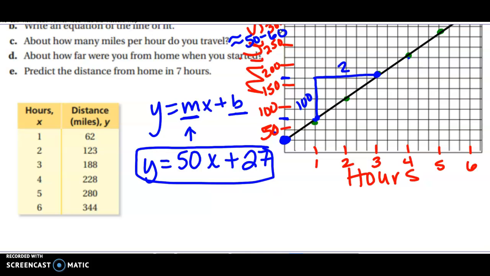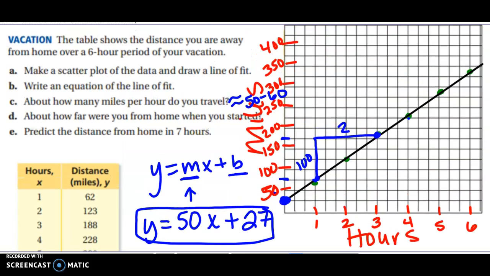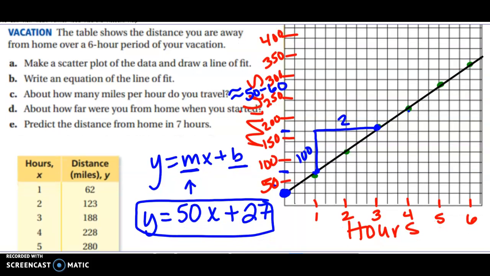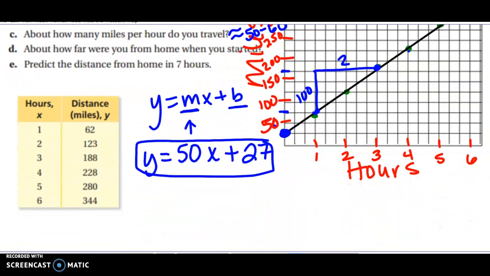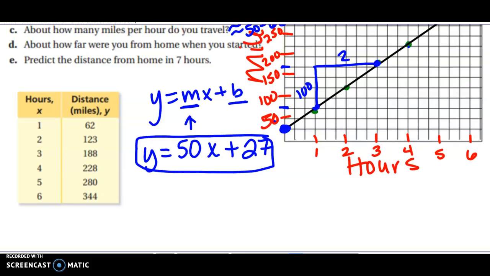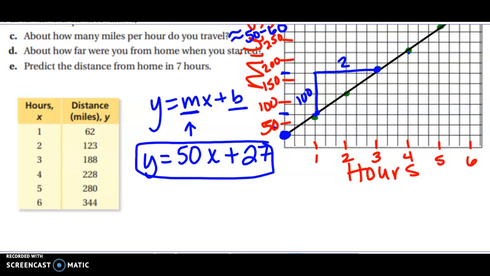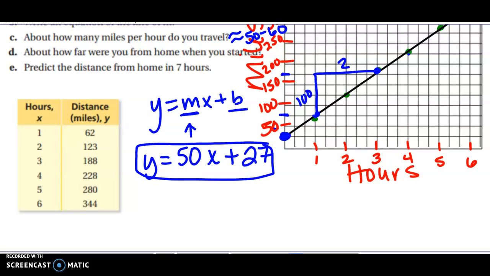Okay, so when I started, let's see here. The table shows the distance you were away from home over a 6-hour period. Well, it says after 1 hour I was at 62 miles.